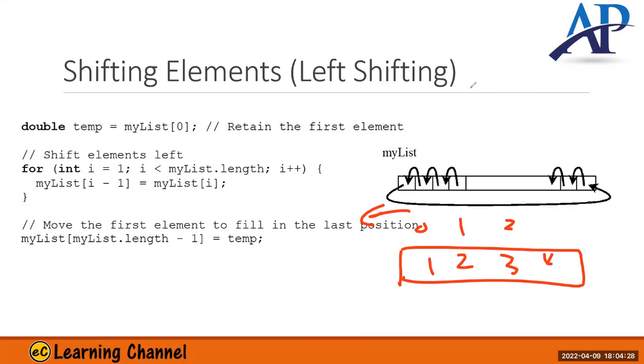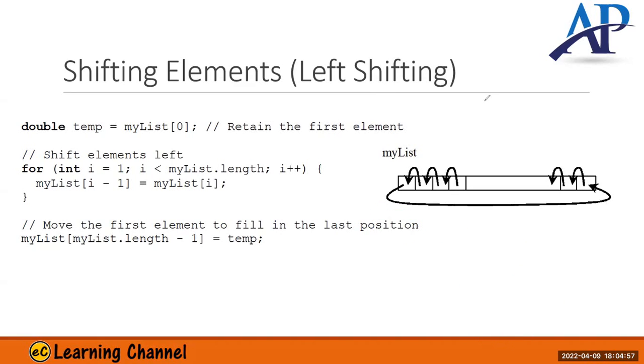The way to do it is that I pick up the index 0 value into a temporary value, right? And then I copy index 1's value to location 0, index 2's value to location 1, index 3's value to location 2, and then the temporary value is copied to the last location.